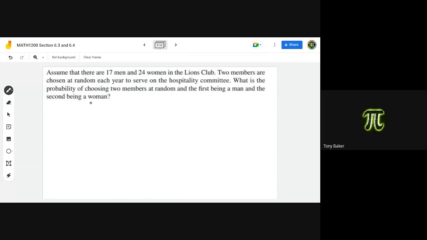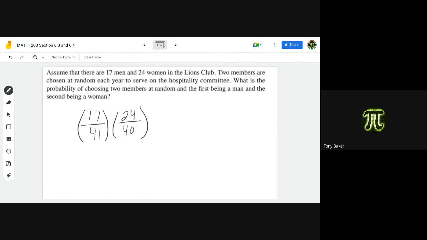So what's the probability of me pulling a man for the first one? 17 out of 41. And what's the probability of me picking a woman for the next one? 24 out of 40.